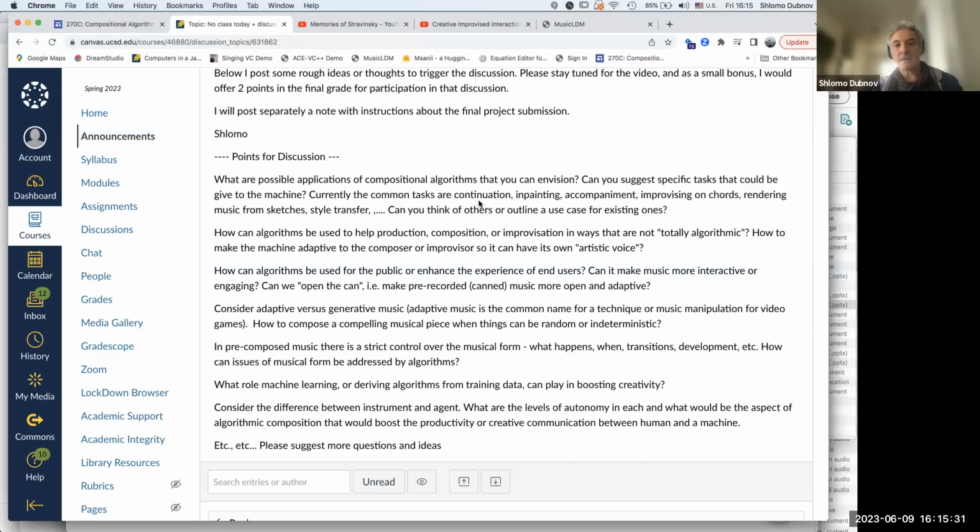So opening the can, which means, in a sense, making pre-recorded or produced music more open and adaptive to the public. And in that sense, there's adaptive music, which is a technique for recombining pre-recorded clips in different ways in video games, and is slightly different.